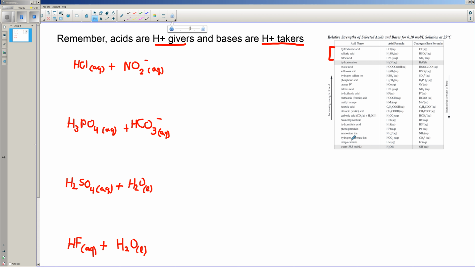We have the formulas of their acids, and then the formulas of their conjugate bases. If you look at any of the acids and compare it to the conjugate base, so if I look at HCl and Cl-, the only difference between those two chemicals is that one of them has an H and the other one has lost its H. And that means its charge has gone down by 1. So HCl has a charge of 0, Cl- obviously has a charge of -1.